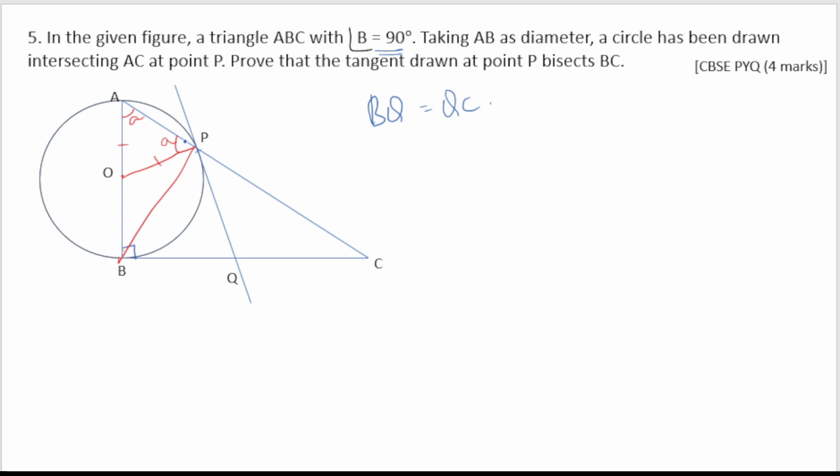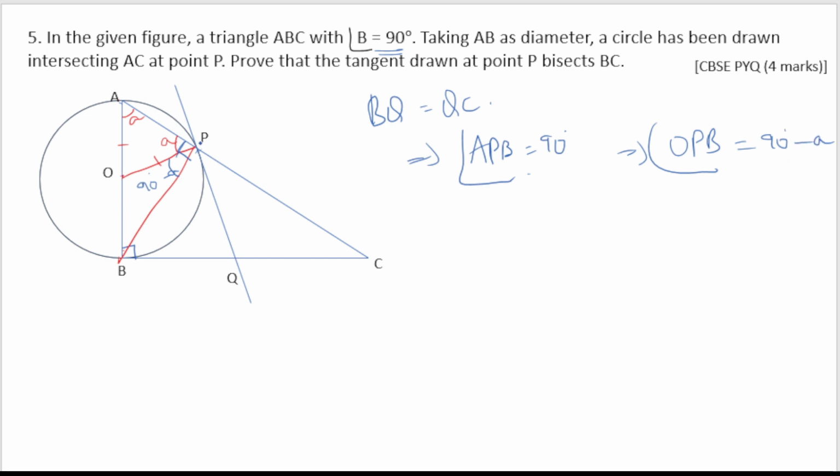This angle APB will be 90 degrees because angle in a semicircle is 90 degrees. So angle APB is equal to 90 degrees. If angle APO is A, then this angle OPB will be 90 degrees minus A.